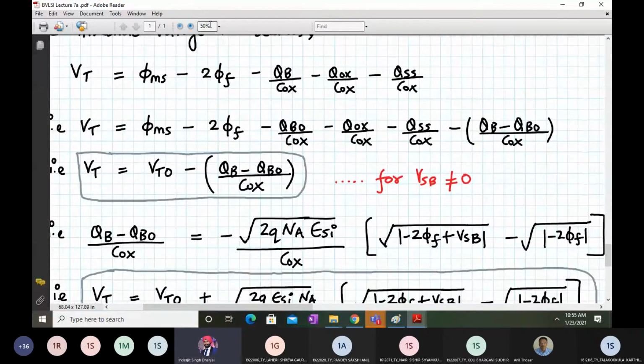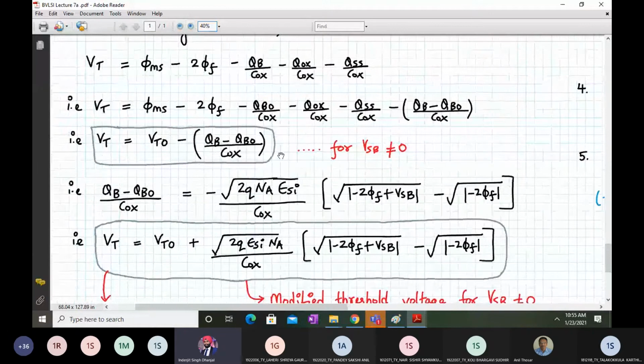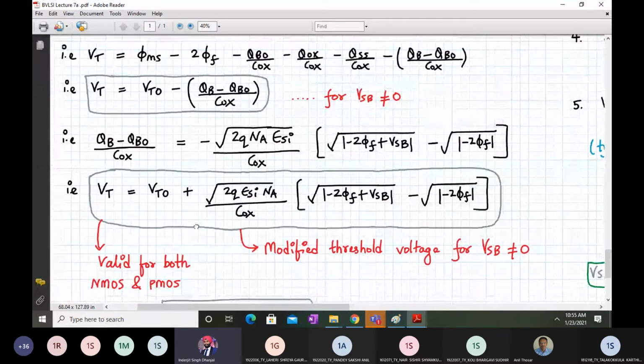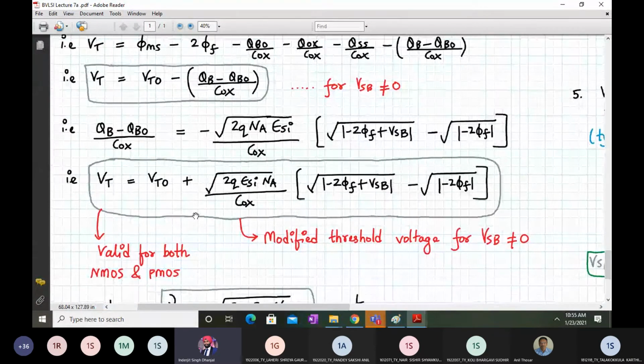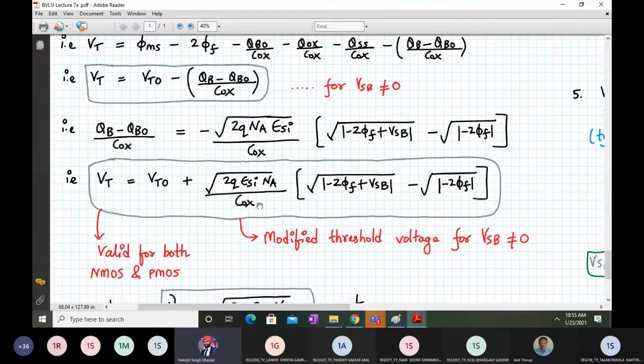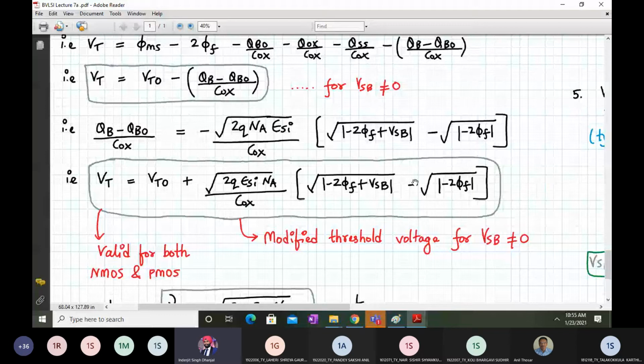Okay, and now let me reduce this. So QB minus QBO upon COX, if you try to solve it, you will get this huge expression. So what will VT be given by? VT will be given by VTO plus square root of twice q epsilon Si Na divided by COX into square root of mod of minus 2 phi f plus VSB minus square root of mod of minus 2 phi f.